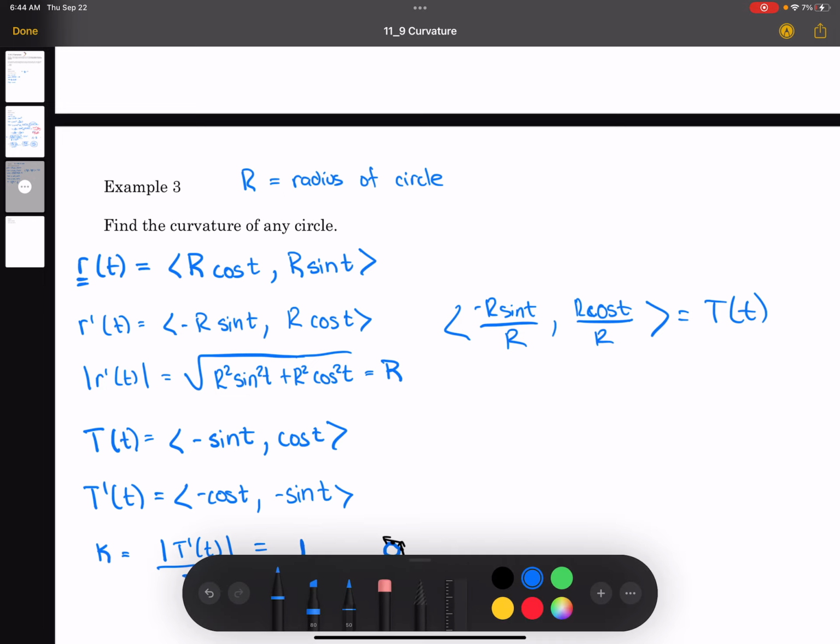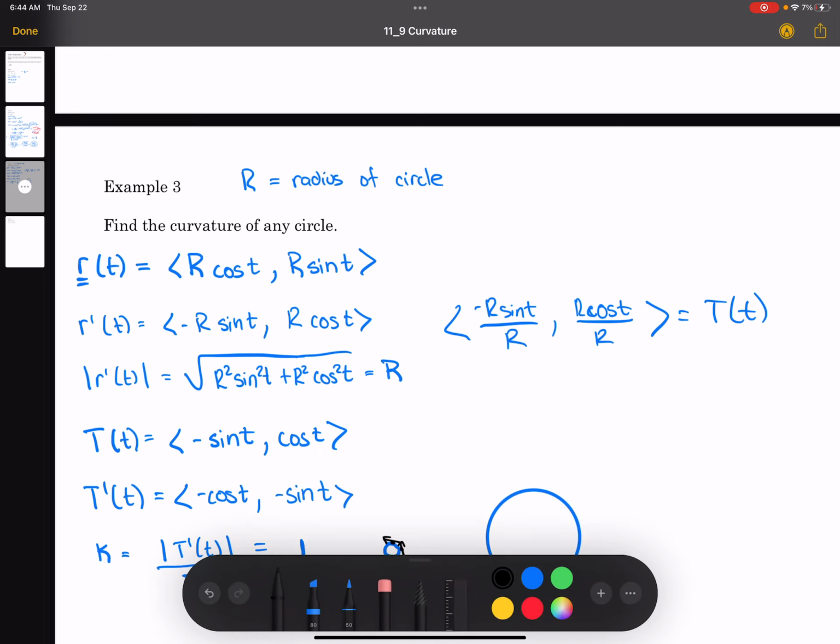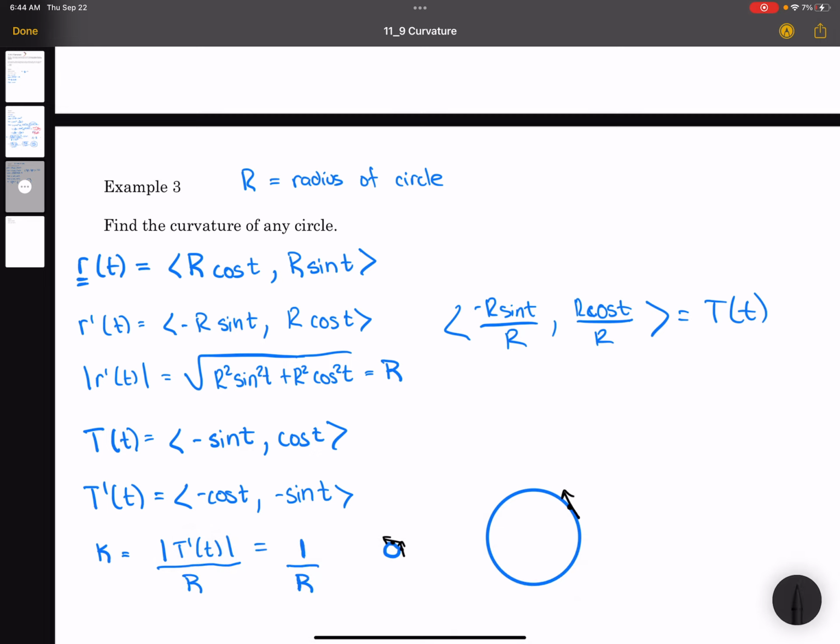If we had a bigger circle, like one that's this size, then we can see that the curvature at any point, though constant, is not as sharp as the curvature here. So that's it. Again, the curvature of any circle is 1 divided by the radius of the circle.